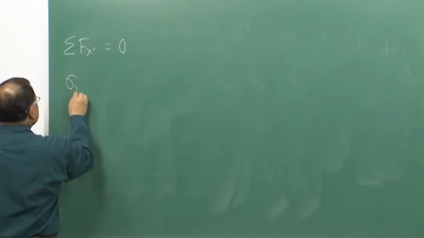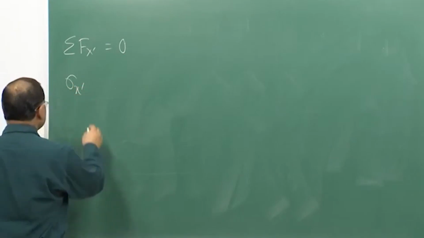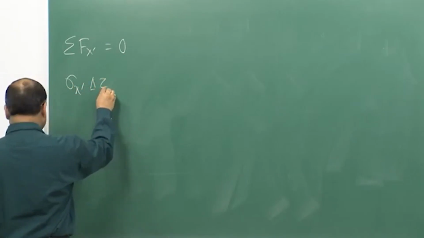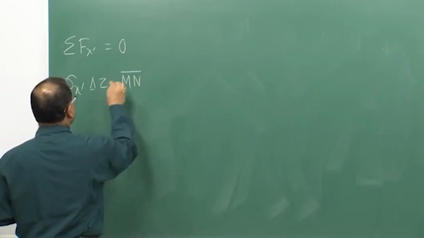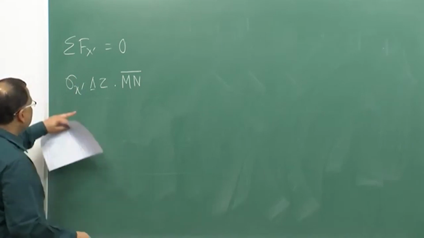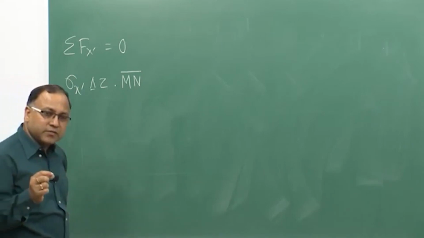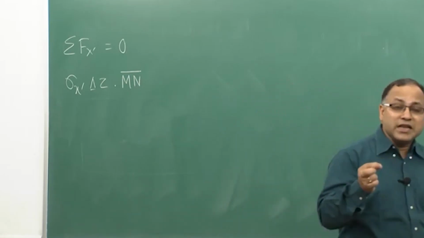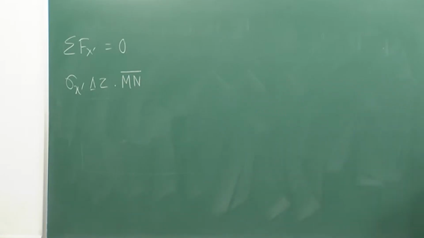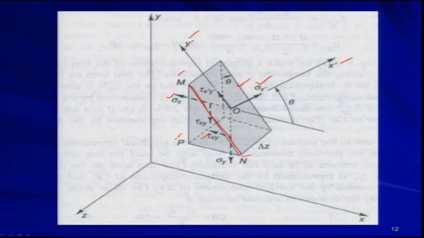So, sigma x prime times delta z times MN. Sigma x prime is the stress acting on the x prime plane, and the area of that plane is the side MN multiplied by delta z.